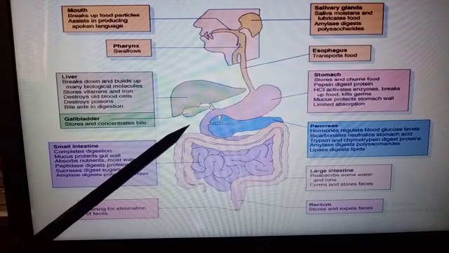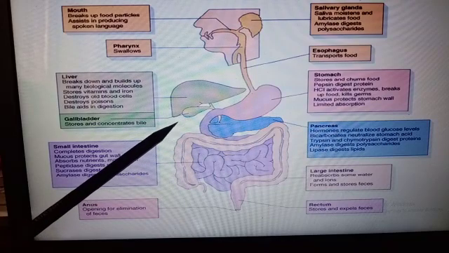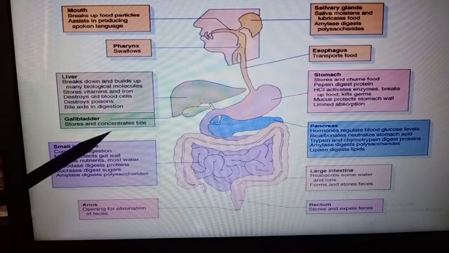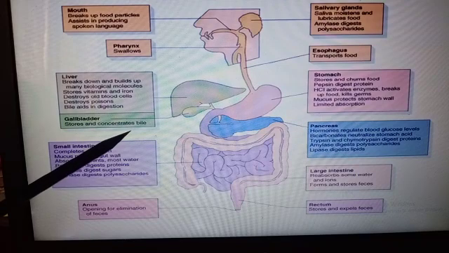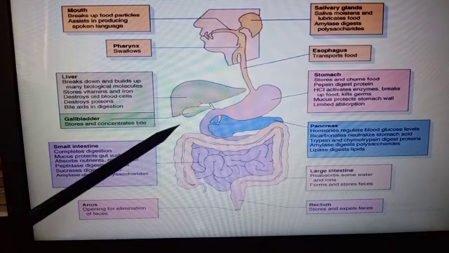Bile makes the food alkaline. Not only that, it emulsifies the fats into small droplets. That is how it starts breaking the fats.